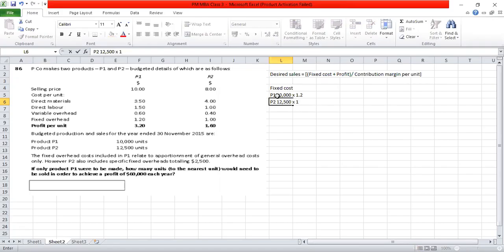Just see how much the cost is. It would be 12,000 for P1 and 12,500 for P2. So we have 24,500 as the total fixed cost.